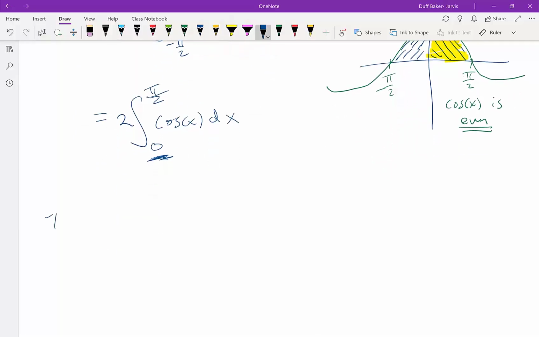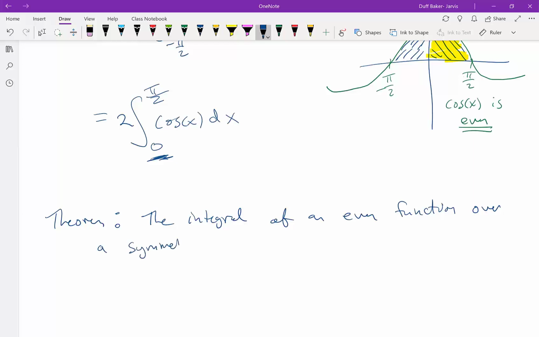And so the theorem that goes along with this one is the integral of an even function over a symmetric interval from minus some number to the positive version. So I guess we have to give these names.